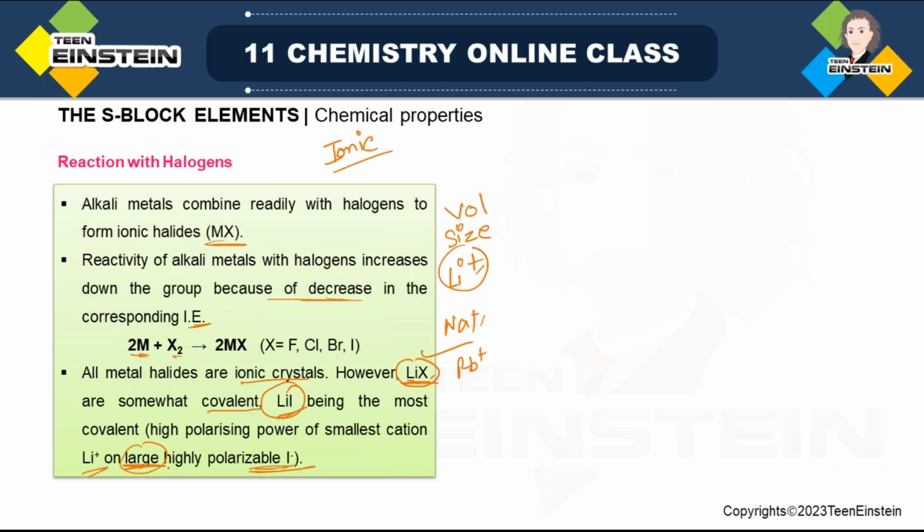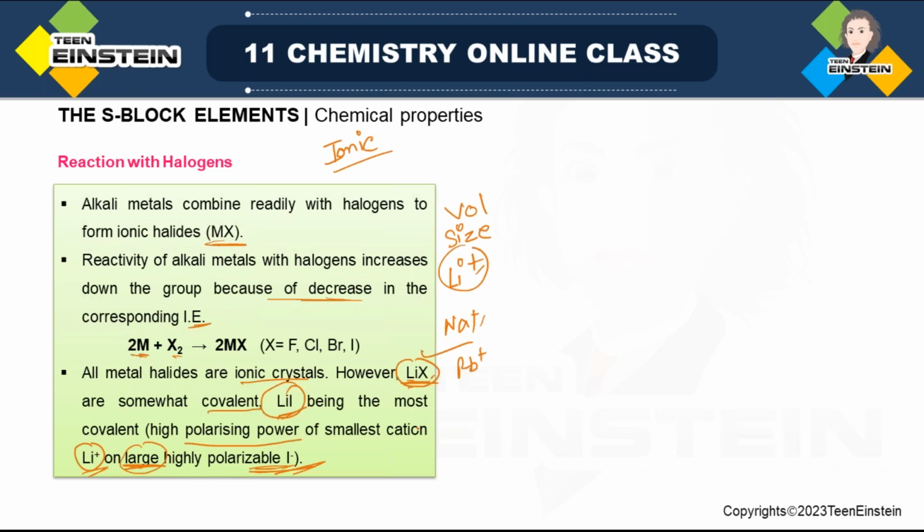And obviously if the cation has very high charge density, then also covalent character is generated. Because when Li plus, that is when the cation has very high charge density, its polarizing power, that is to polarize the anion, is very high for lithium plus, and I minus is also very large in size, so it becomes maximum polarizable.